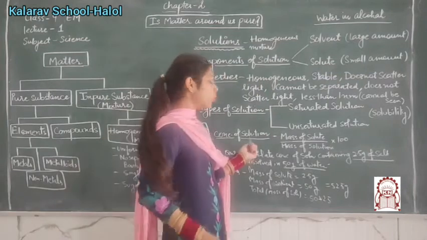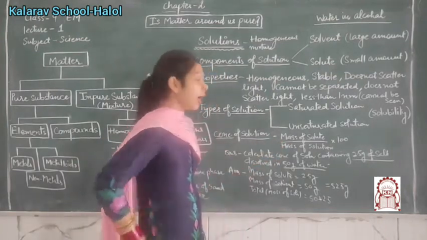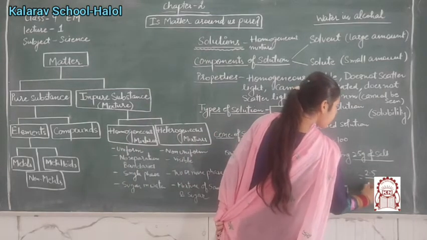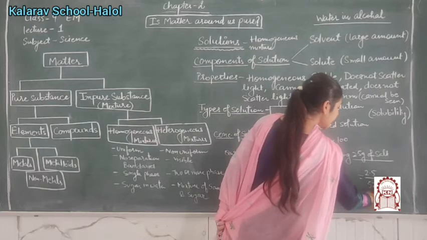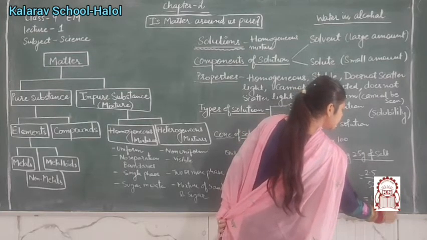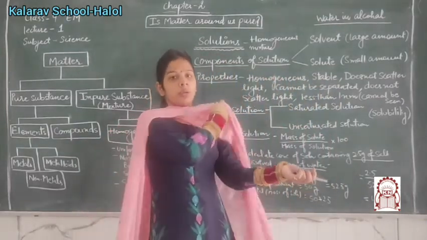Now to calculate the concentration, you put the values here: 2.5 upon 52.5 into 100. By calculating, we get 4.76% approximately. You can also check the solution.